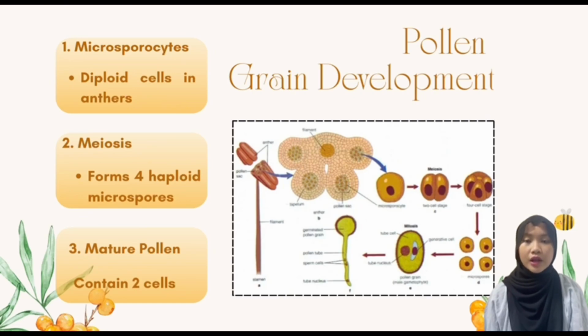Secondly, a tube cell, which grows into the pollen tube during fertilization. Thirdly, a protective outer wall, which protects the pollen during transport. These structures ensure successful fertilization when pollen reaches the stigma.